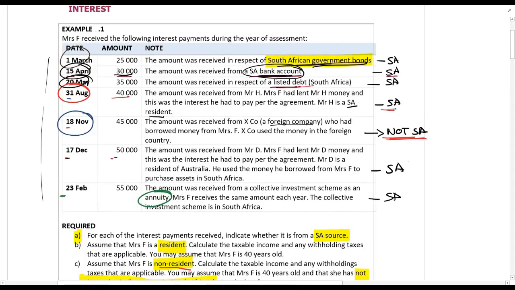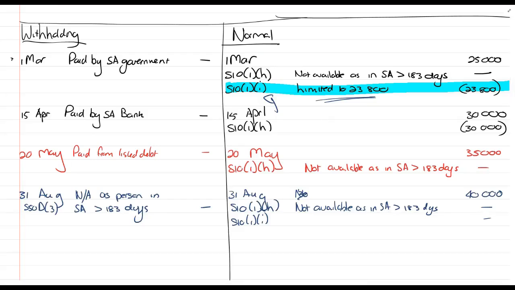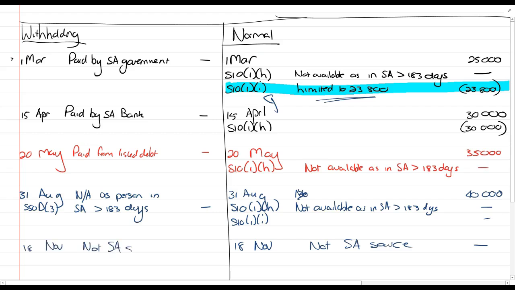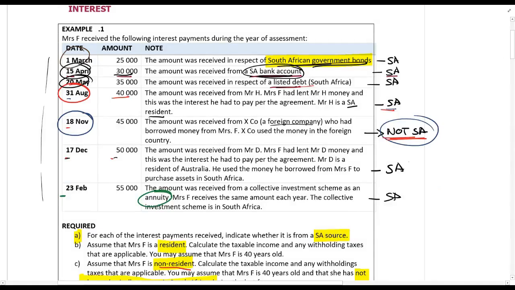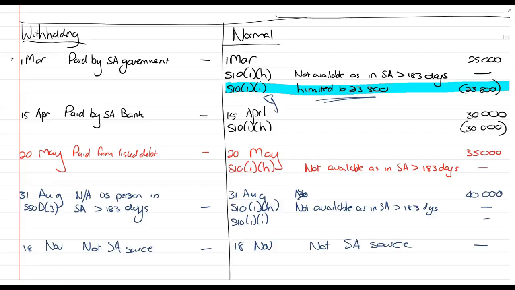18 November, this is not from a South African source, so that story still applies. Then we've got 17 December from a South African source, 50,000.